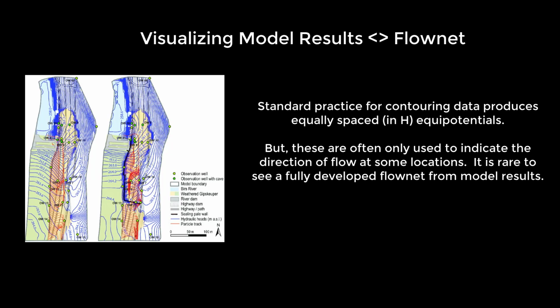But it's important to recognize that if you just randomly place those tracers, or if you don't place them very carefully, in fact, the things that look like flow tubes are not necessarily flow tubes. So it's harder to interpret the distribution of flow from the contours and tracks of particles than it is from a quantitative flow net.